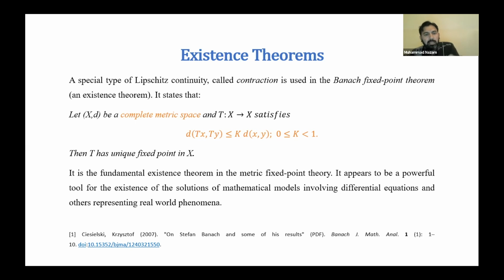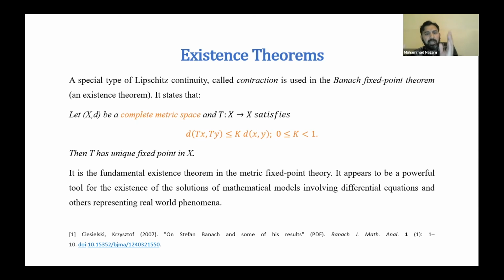You know that a space in which every Cauchy sequence converges is known as a complete metric space. So due to the completeness of the metric space, the fixed point lies in the given space X. And how can we achieve that? The methodology is very simple.